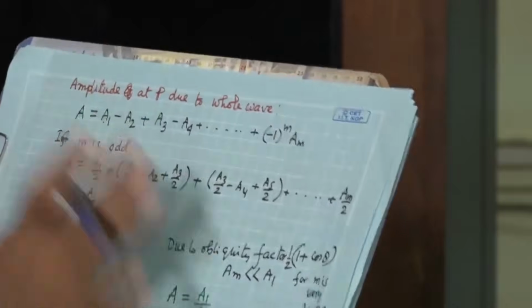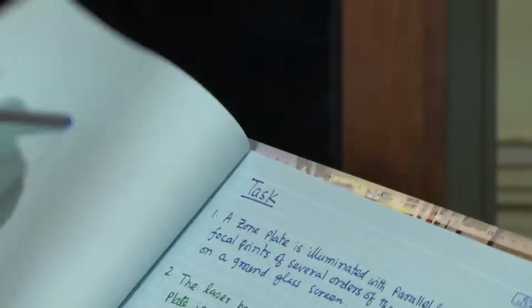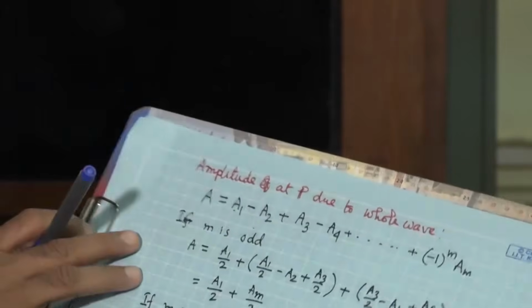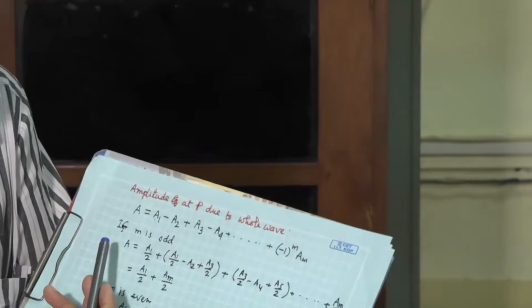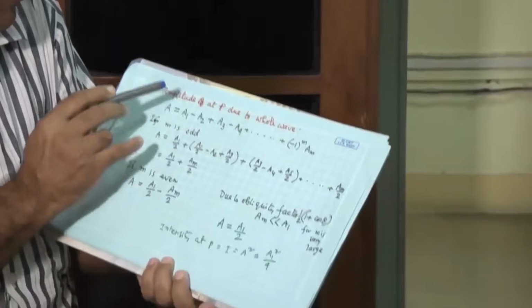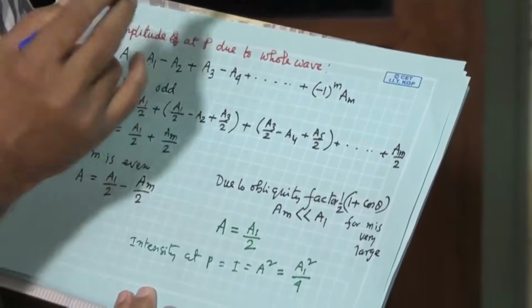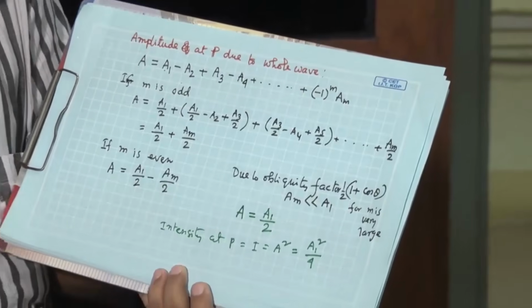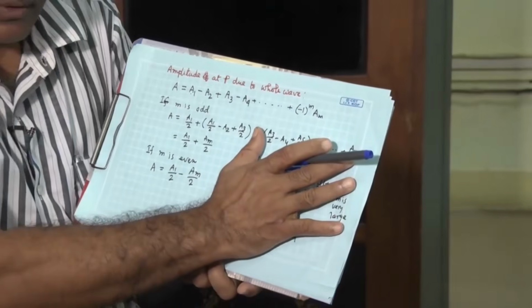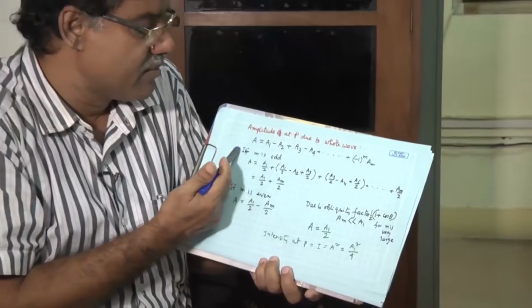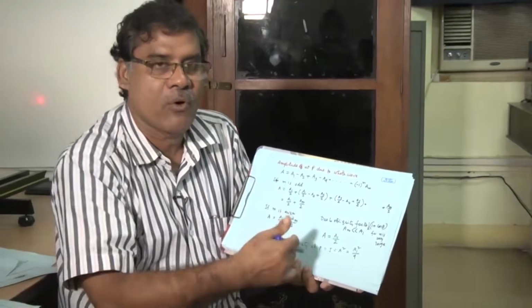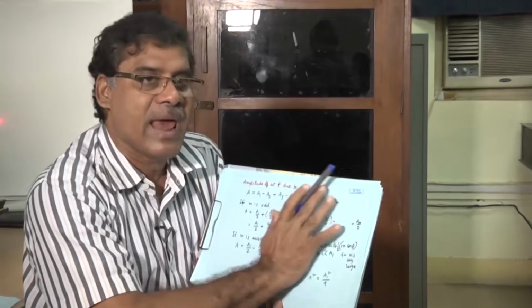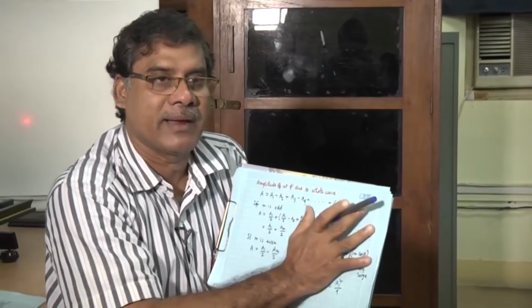Now if I block alternate zones, what will we get? It's obvious. A will be A1 plus A3 plus A5 plus A7, etc., or A will be A2 plus A4 plus so on, all will be added.